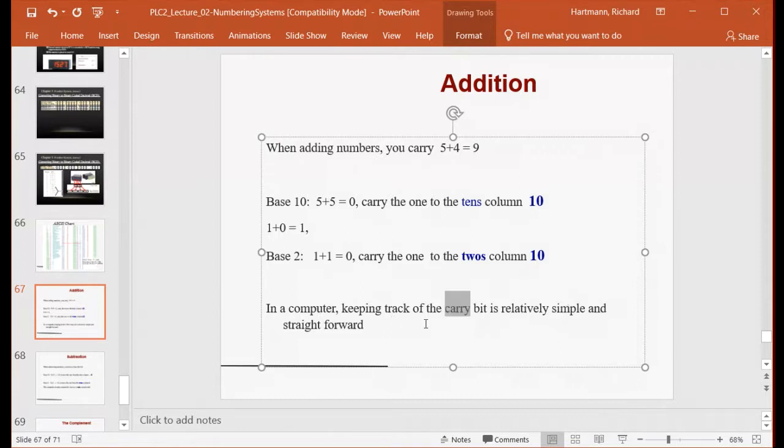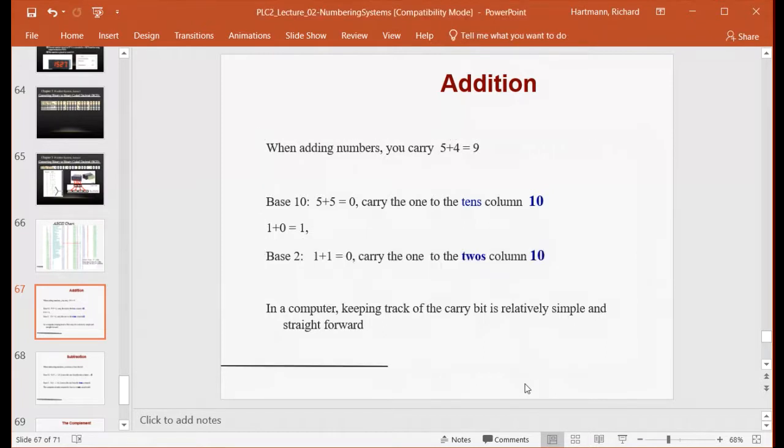Now, this is really, really easy in binary to do. The circuit to do 1 plus 1 and do the carry is very, very simple to build as an electronic circuit. And so they have adder circuits, right? In the processor in your computer, it's got adder circuits to do this exact math.